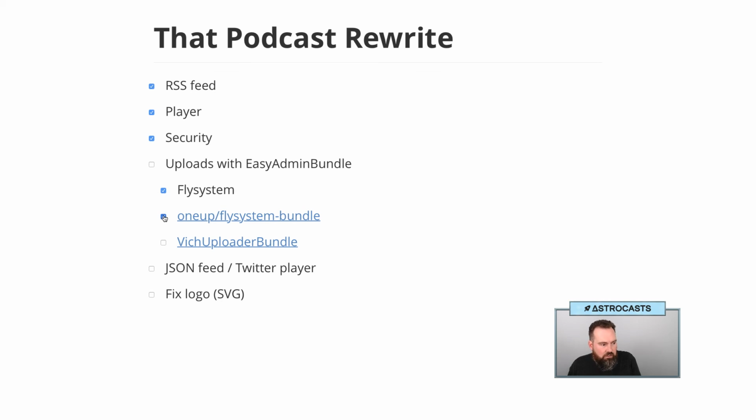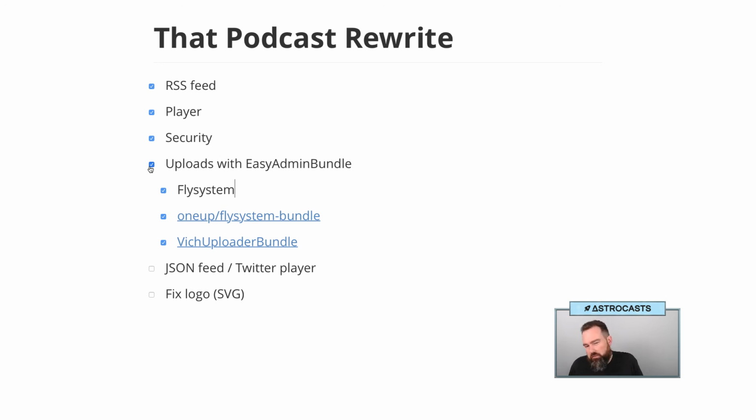We're able to configure it with the Symfony bundle that's already existing, and we were able to get some files uploaded into EasyAdmin. So I say this is pretty good, at least for now. We've checked off all of the major bits to get this stuff up and running.